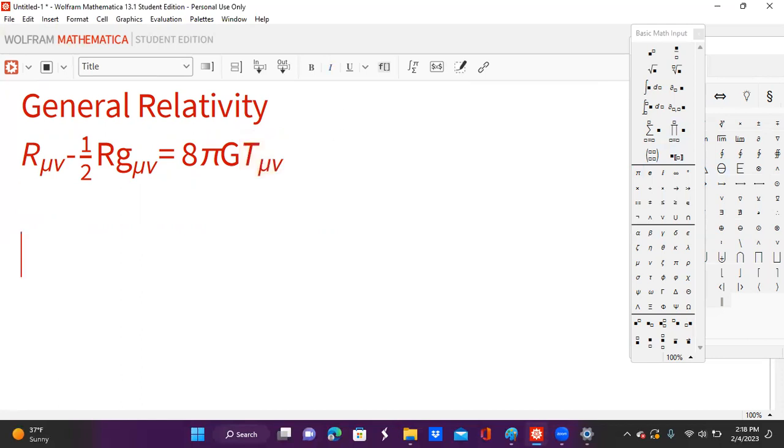So that's Einstein's theory of how gravity interacts with things.